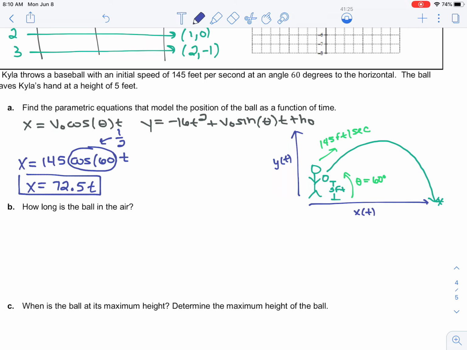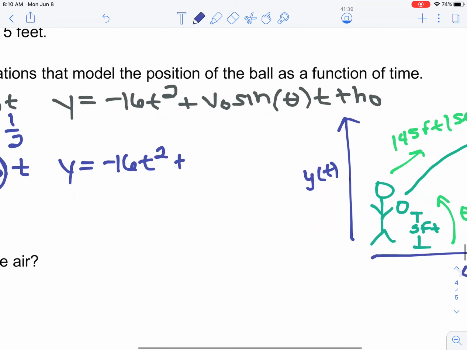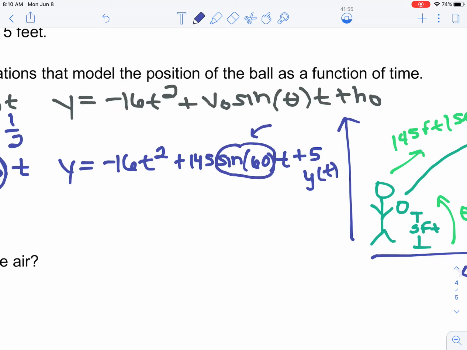Okay. Now over here in y, we'll go ahead and plug in similar information. We find that y equals negative 16t squared plus 145 sine of 60 times t, and then we have to add our initial height, which is plus 5. Again, this will simplify because we know that sine of 60 degrees is just root 3 over 2.